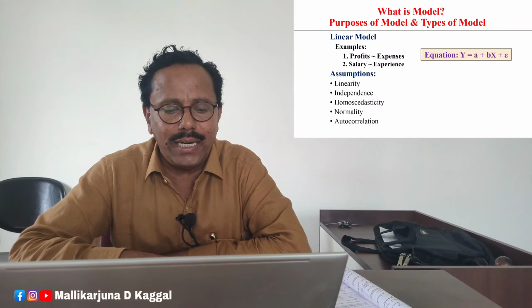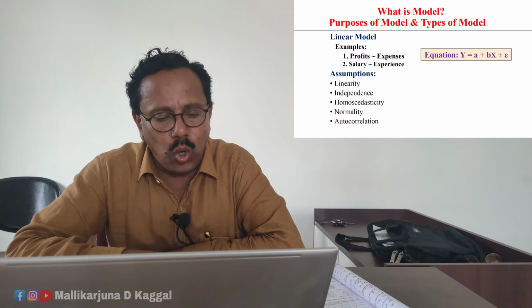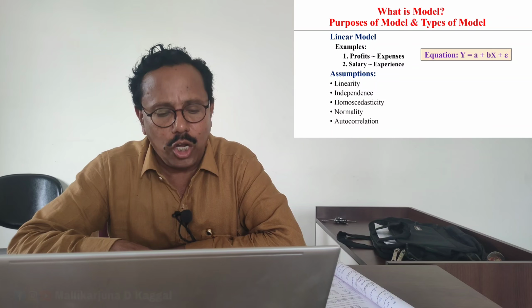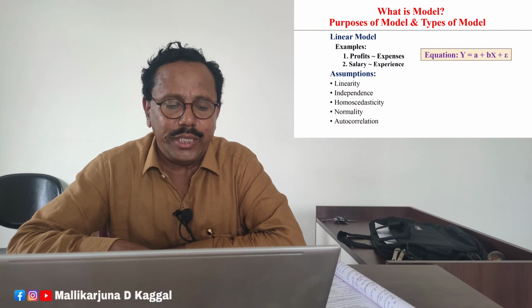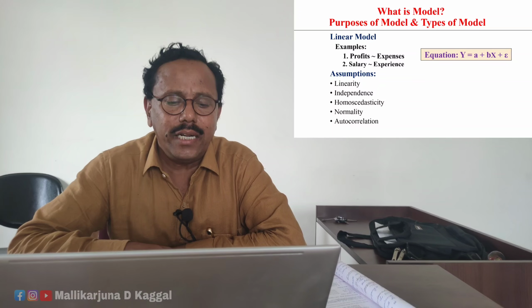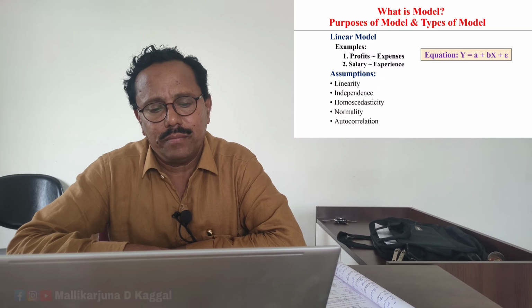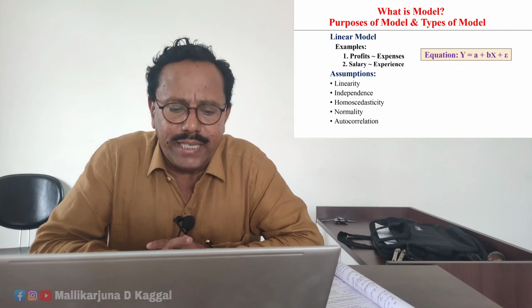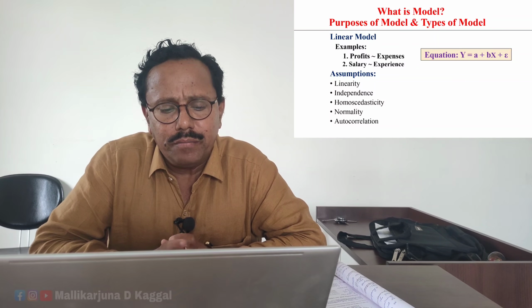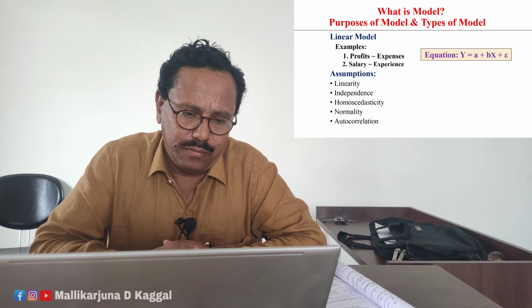In case of autocorrelation, your H0, that is the null hypothesis, is there is no autocorrelation. Alternative hypothesis, there is autocorrelation. These are all the hypotheses we need to set when we adopt a mathematical test.